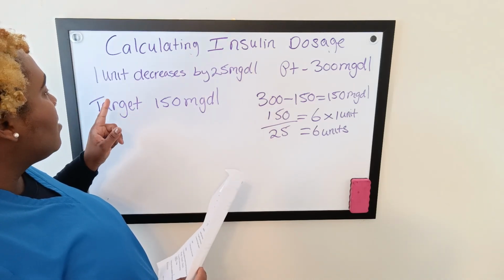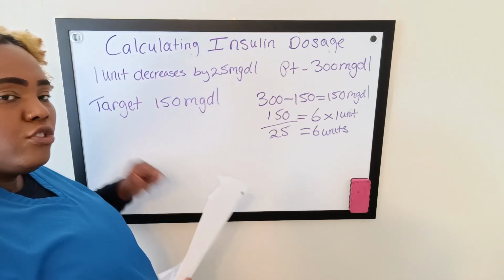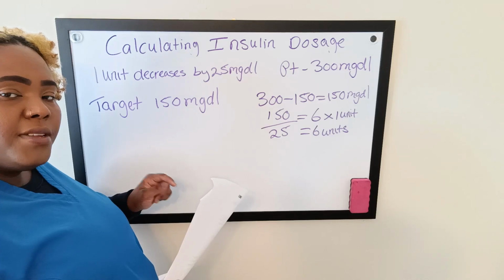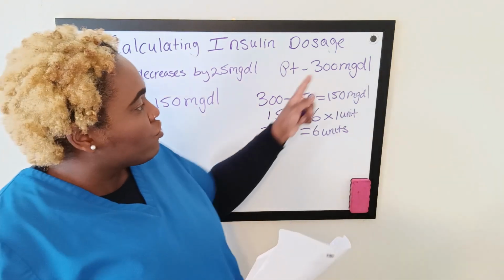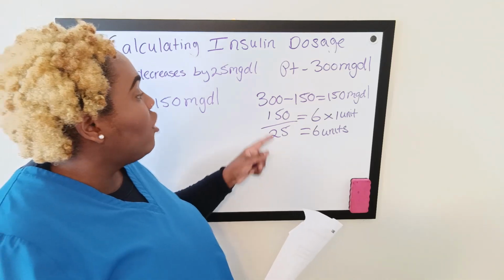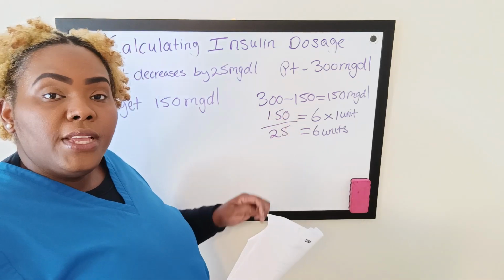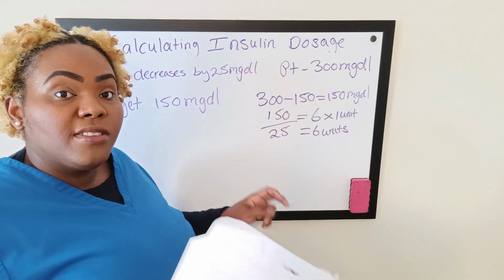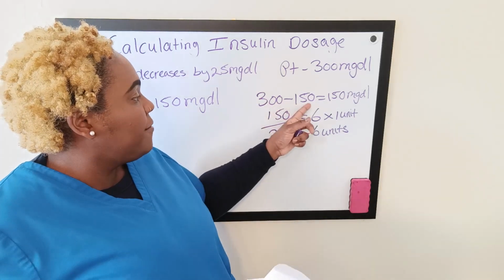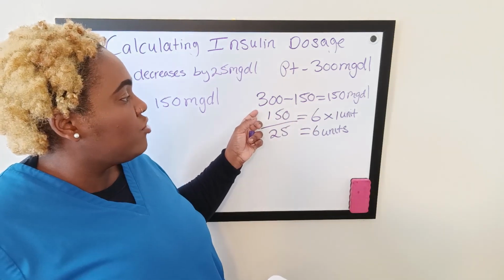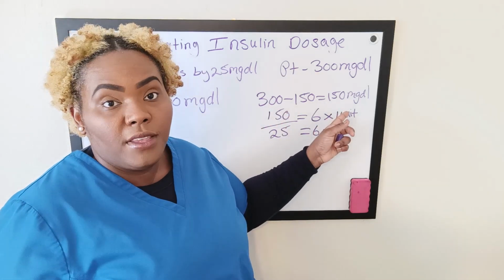Their sensitivity was 1 unit decreases them by 25 mg per deciliter, right? So our patient blood sugar was 300 and we need to get them down to 150. So we need to know how much was the difference from our target and our current. So our target is 150. Our current is 300. The difference between the both was 150.